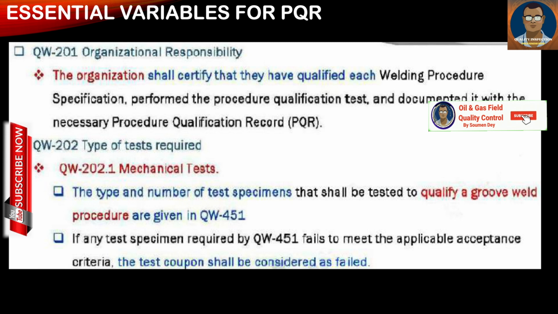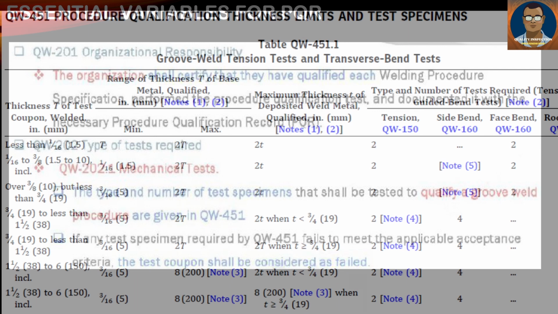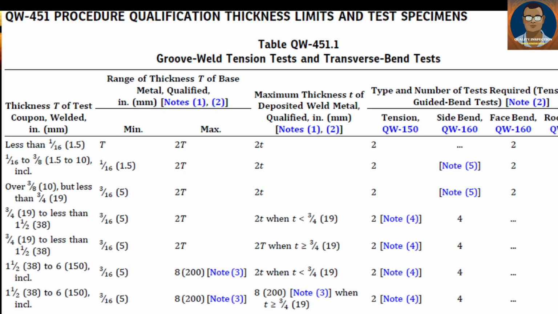The type and number of test specimens that shall be tested to qualify a groove weld procedure are given in QW451. If any test specimen required by QW451 fails to meet the appropriate acceptance criteria, the test coupon shall be considered as failed.